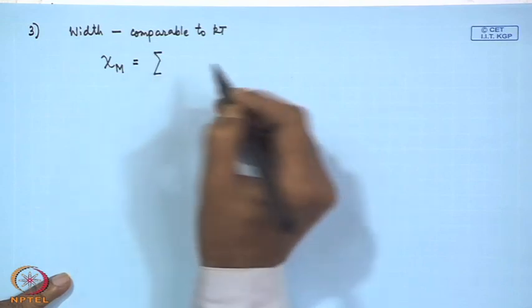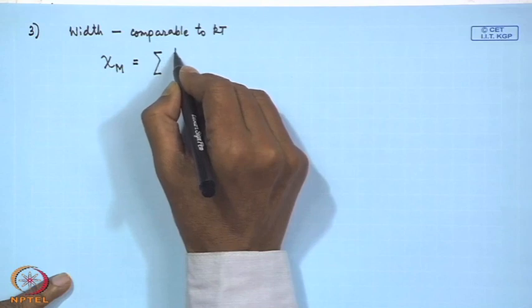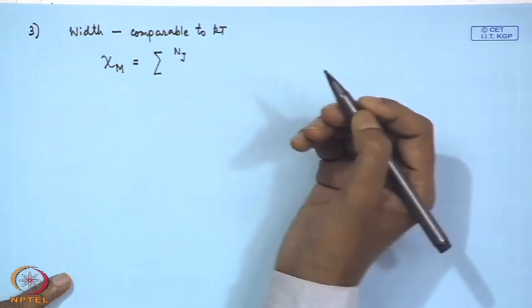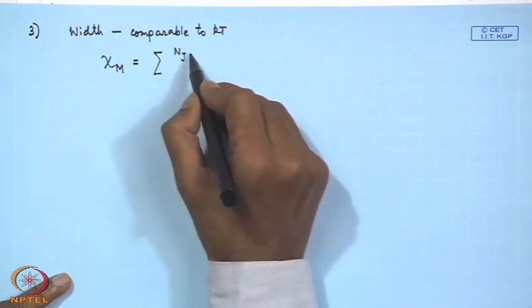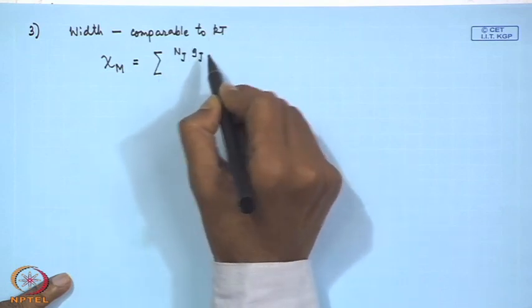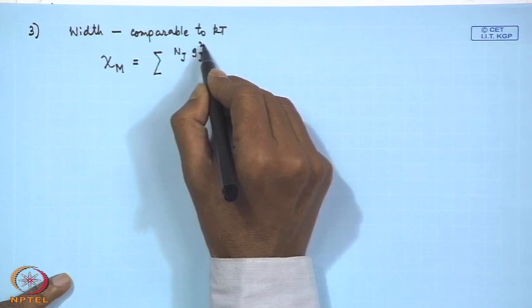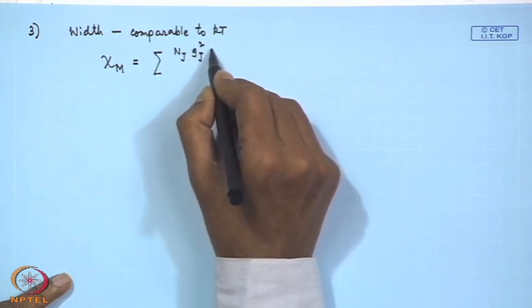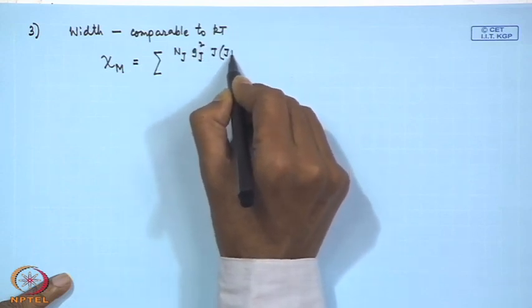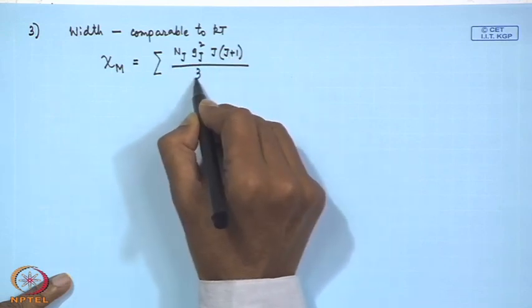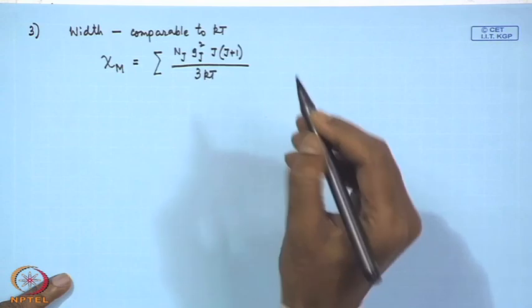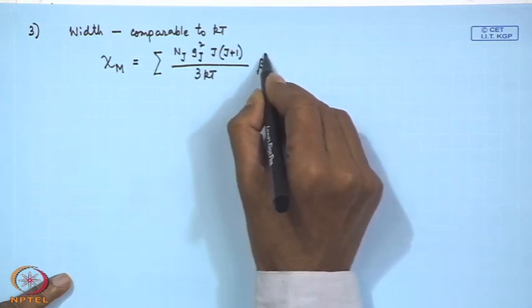For that we can have the summation over the different J levels, that means the population of the different J levels with the Gj values for those levels, in Gj square into J plus 1 divided by 3 kT into beta square.